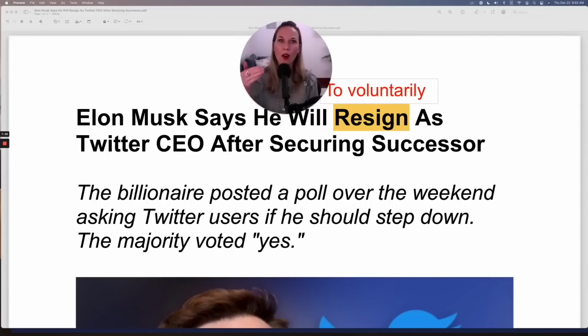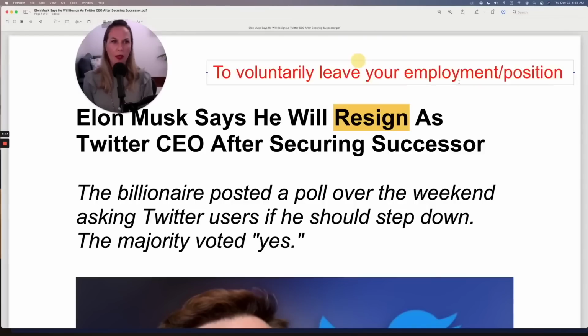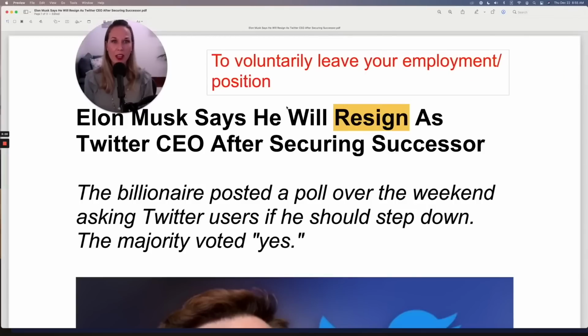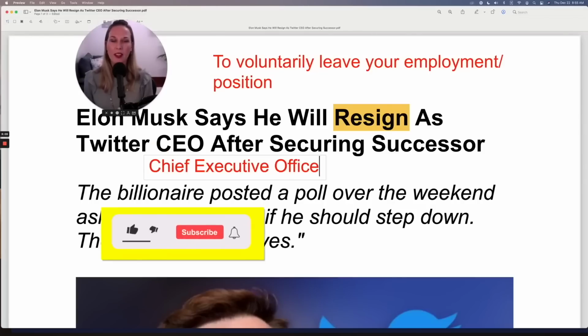That means you're fired. When you say, I don't want to work here anymore, that means you quit, or again, more formally, resign. To voluntarily leave your employment, your position. So in this case, his position as CEO, which is of course an acronym for Chief Executive Officer, which is the top ranking position in a company.